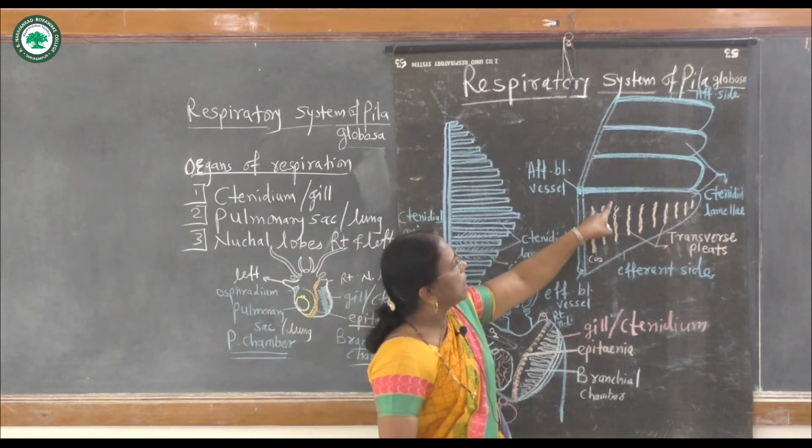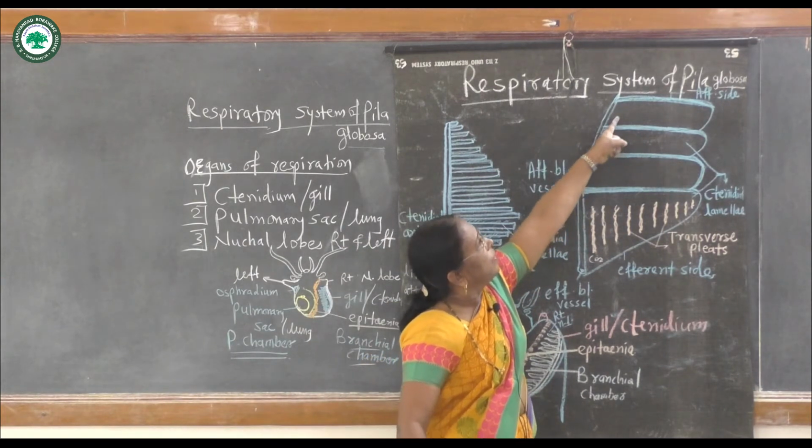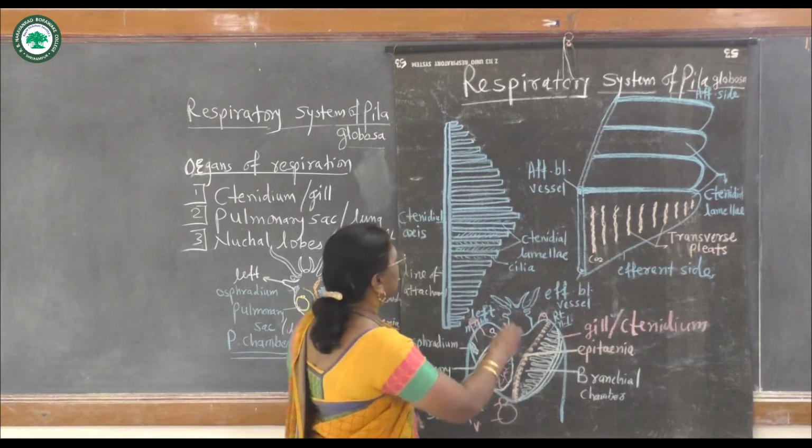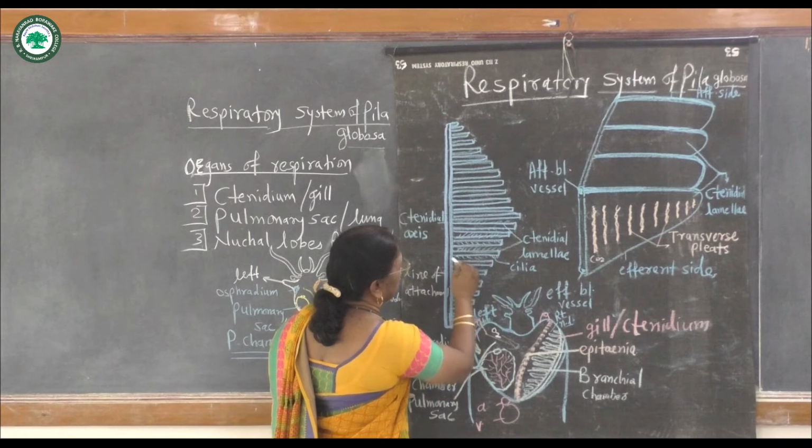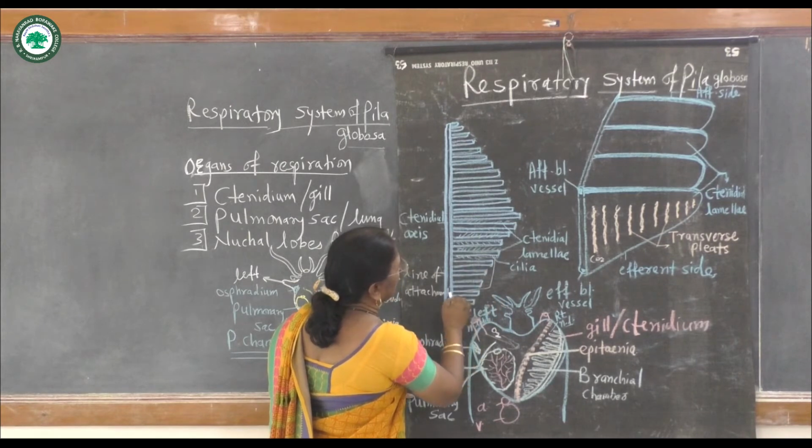Suppose these are the 4 lamellae: first, second, third, fourth, like this much part.